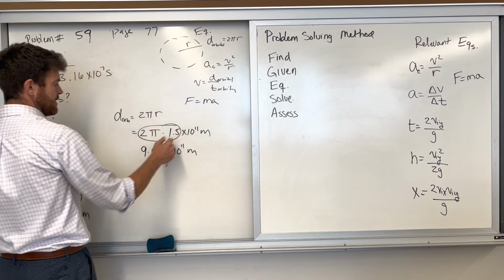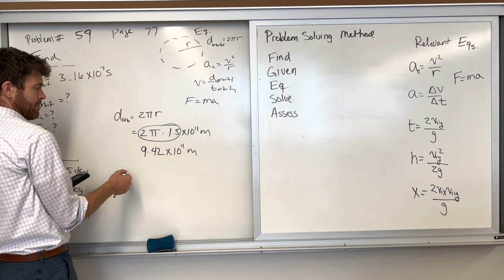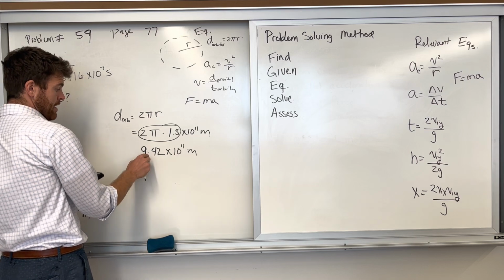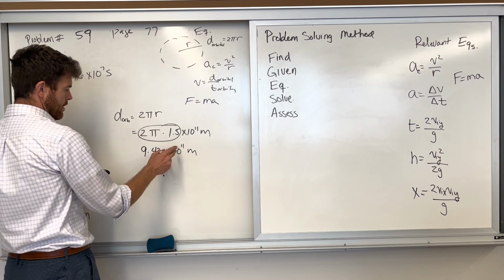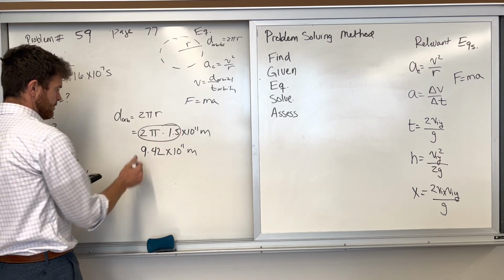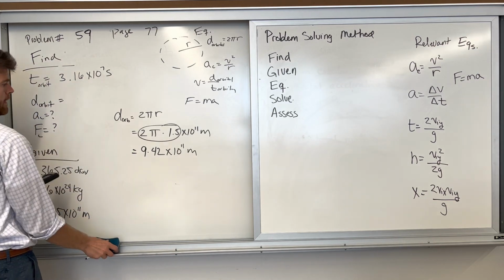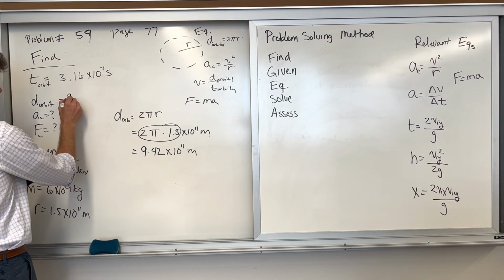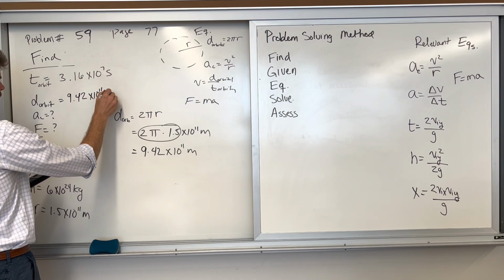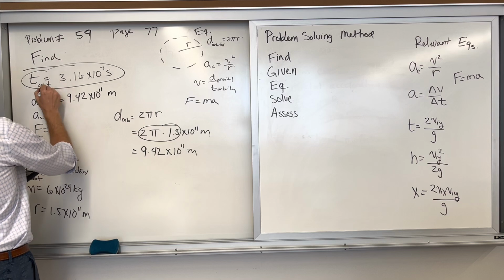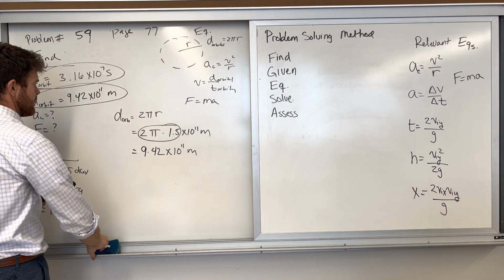I can leave it times 10 to the 11th because there's still only one digit left of the decimal place. If it came out to 10, I'd have to write it as 1.0 times 10 to the 12th. But if it's 9, it's fine. So orbital distance is 9.42 times 10 to the 11th meters. That's how far it travels. That's the circumference of the circle.